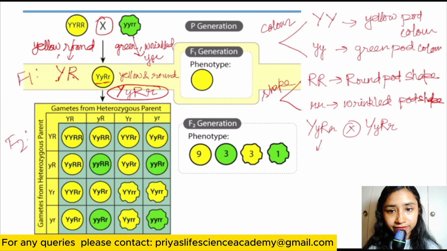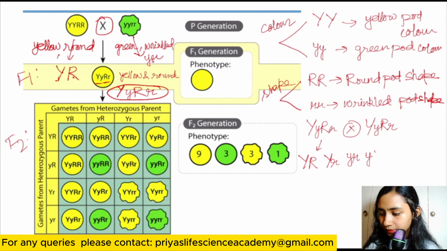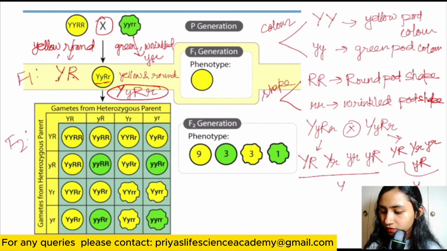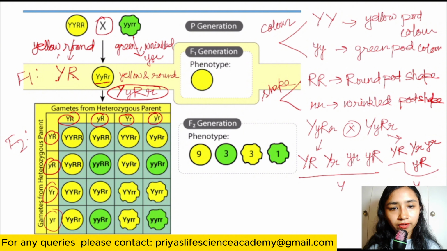Here we can get 4 types of gametes from each parent: capital Y, capital R; capital Y, small r; small y, small r; small y, capital R. And from this parent also, the same 4. So 4 gametes from each parent.